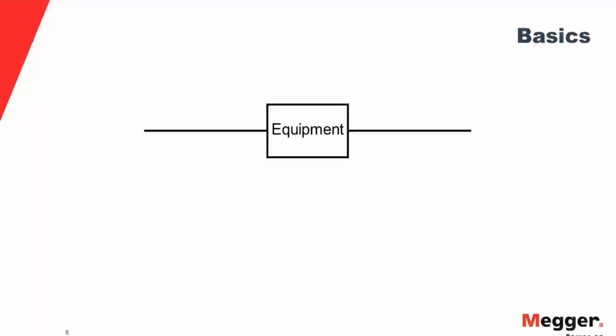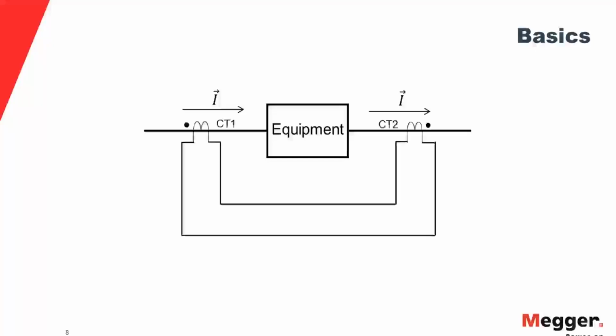We can extend the same concept to any equipment in the power system. What I have mentioned there is just a generic name called equipment. It could be a generator, a transformer, a transmission line, a bus bar, a motor, or anything else in the system. Let's assume that the current flowing through that equipment is I: I coming in, I going out.